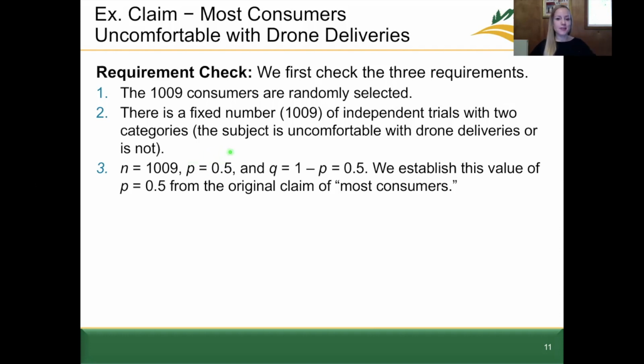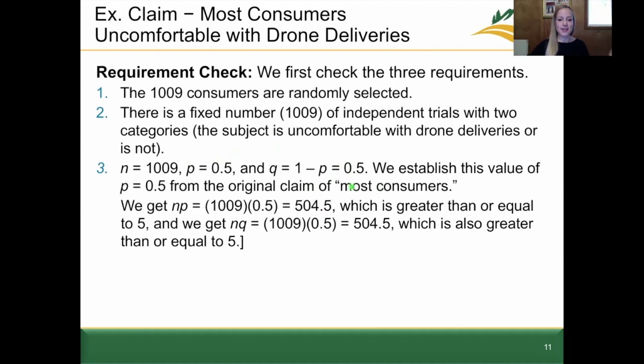Then we solve for q by taking 1 minus p. That's also equal to 0.5. With the claim of most consumers, we're really asking about a number more than 0.5 or a probability more than 0.5. So our p-value is 0.5, our q-value is 0.5. Now we can go on to check, is n times p greater than or equal to 5?